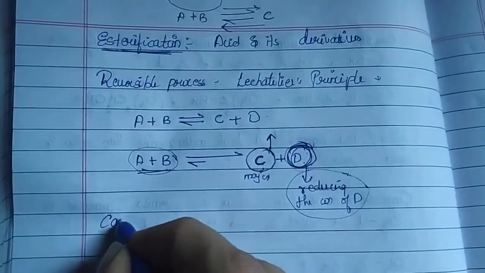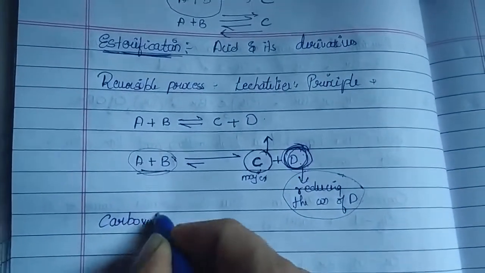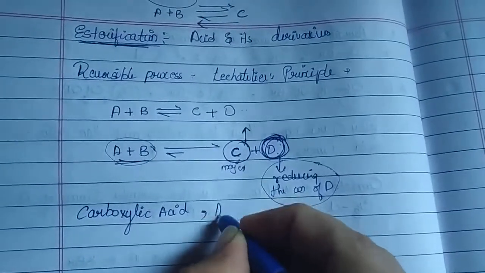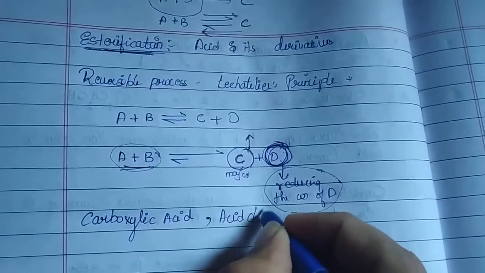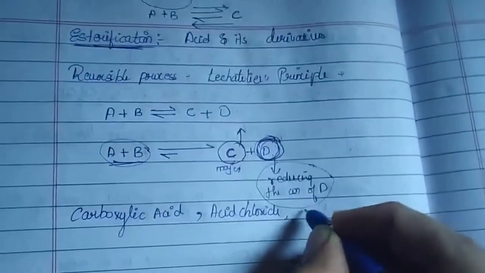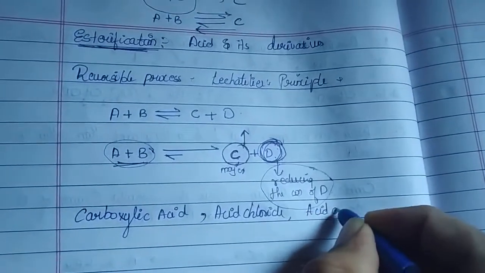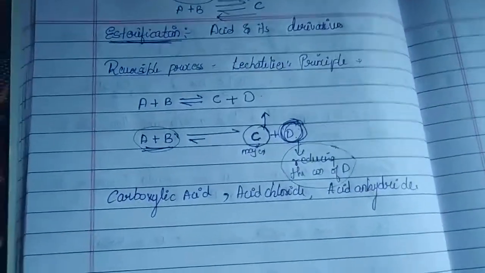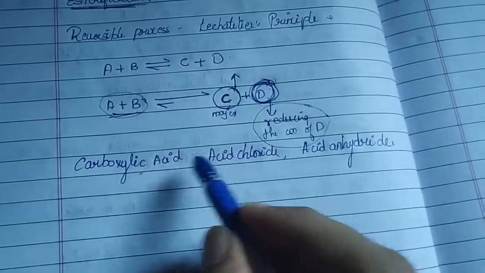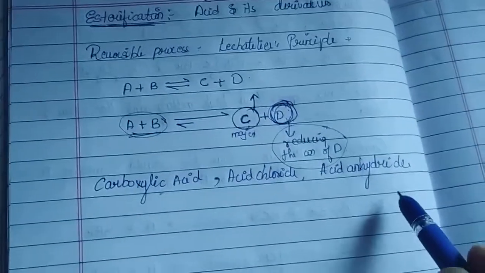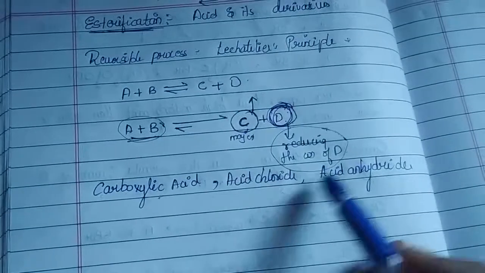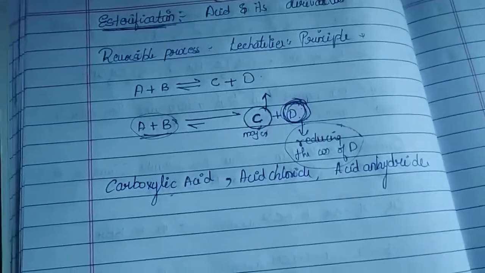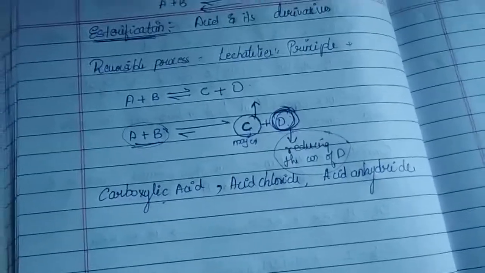One is the carboxylic acid, another is the acid chloride, and one more is the acid anhydride. That means in all these three cases we are going to treat our alcohols, and in all three cases we are going to get esters. But of course, the byproducts will be different, which we are going to see in the reactions.